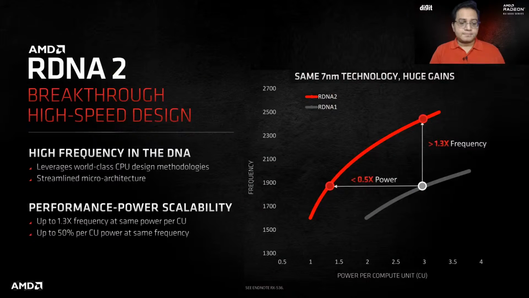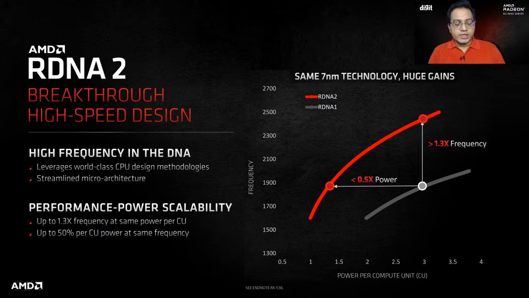Now, RDNA 2 GPUs are all designed on the same 7 nanometer process that RDNA 1 was designed with. Over time, AMD has streamlined the microarchitecture to improve upon the power efficiency and also the clock frequency. On the right, we have a graph which charts the frequency of the GPU against the power consumed per compute unit.